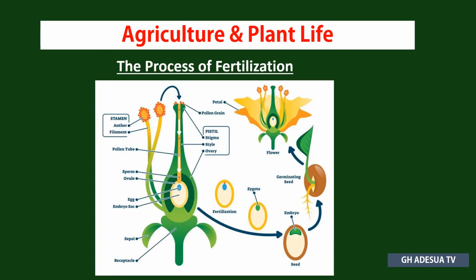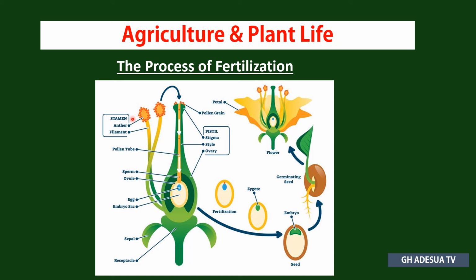Now, finally, we look at the process of fertilization. So let me pick my laser. By definition, pollination has to take place before fertilization will take place. So these pollen grains from the anther will go to the stigma of the female part.